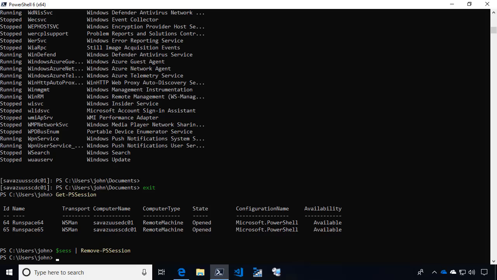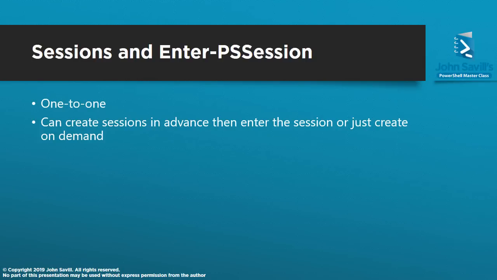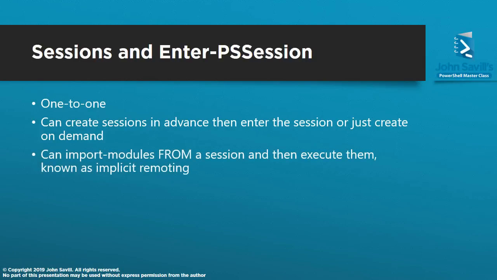Now this is great, and I can do all these great things when I'm on that remote machine. But there's another level. I can actually import modules from a remote session and then execute them. This is known as implicit remoting. Now, what is important to remember though, is it is running on the remote machine.